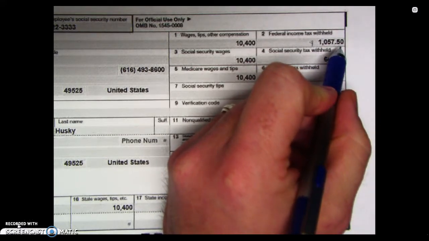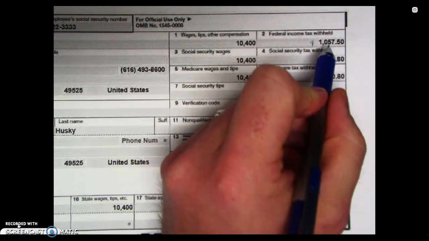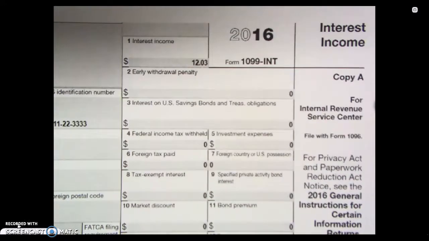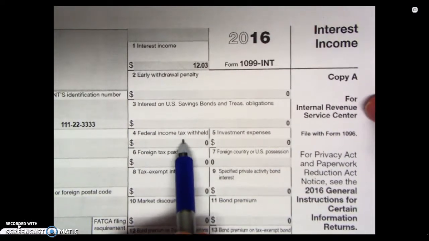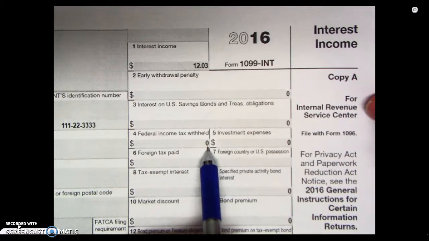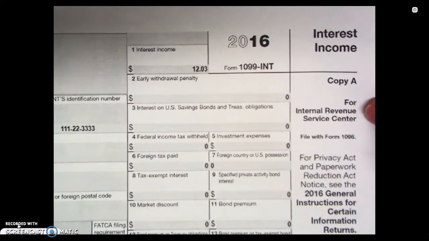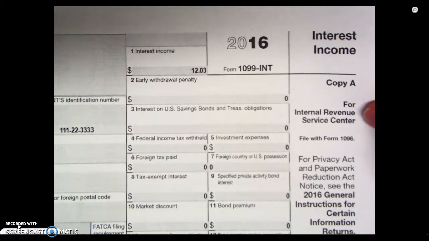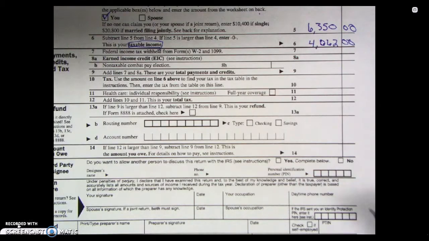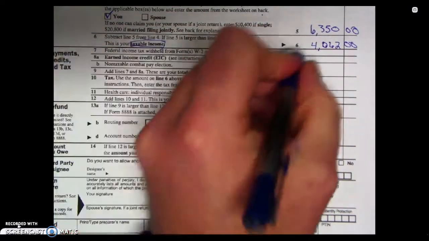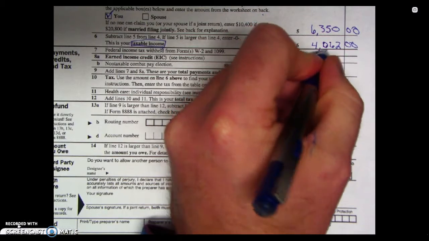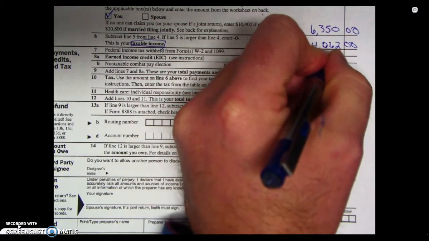Now I would round that up then to $1,058. On our 1099 INT from the bank, you'll notice that the federal income tax withheld is 0. So the only tax that we need to worry about here is from the W-2. So that was $1,058.